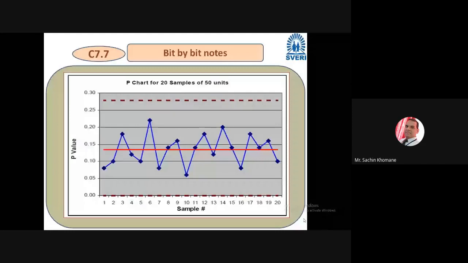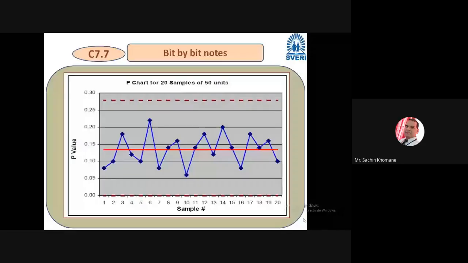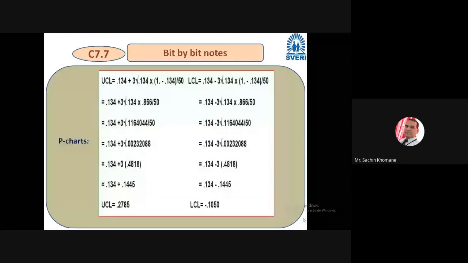This graph is a little larger because it has been done. You have all the readings. So if most of the time the LCL is a minus value, consider it as a 0. Don't go in another order.